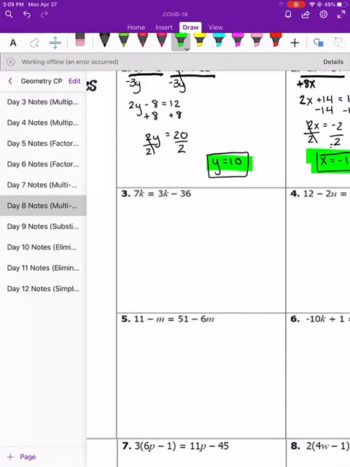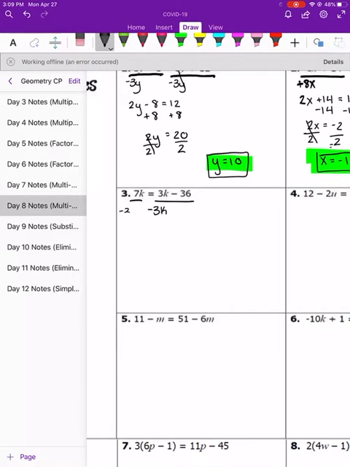Okay, so for problem 3, I have a 7k equals 3k minus 36. Again, cannot distribute, so I'm going to check to see if I can combine like terms. I only have one term on the left side, so I can't combine. And on the right side, I have a 3k minus 36, so I also can't combine those.